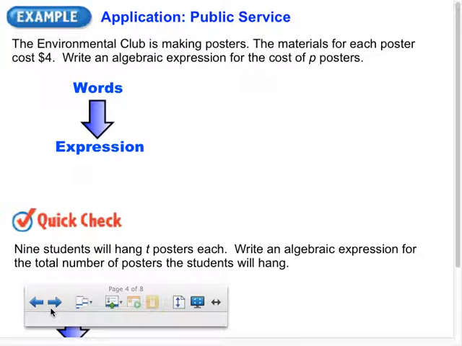All right. The Environmental Club is making posters. The materials for each poster cost $4. Write an algebraic expression for the cost of the posters. So what's happening here? Lopez, what's going on here? What operation do you think is happening?